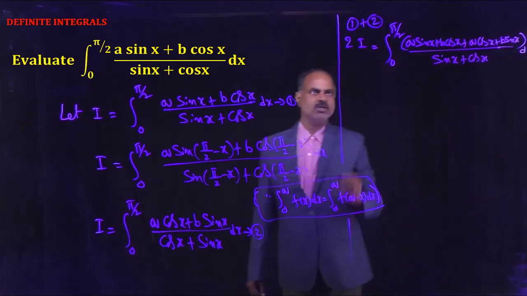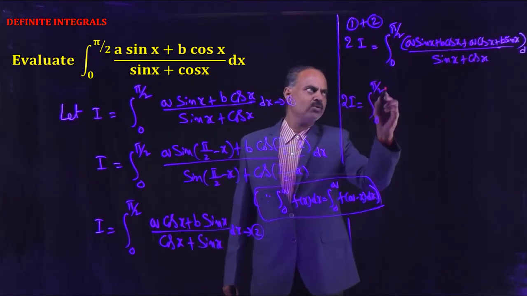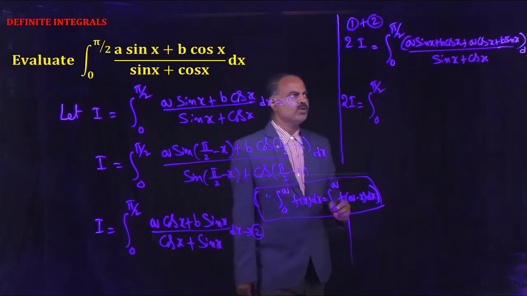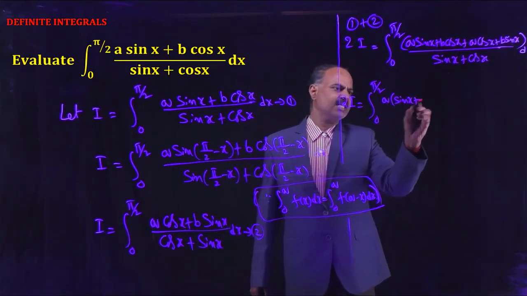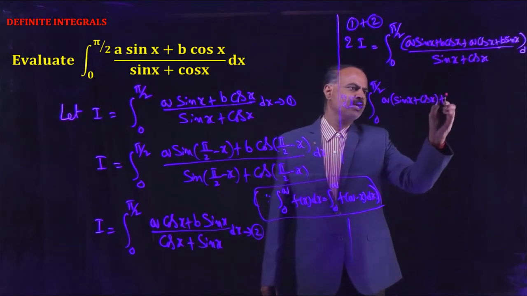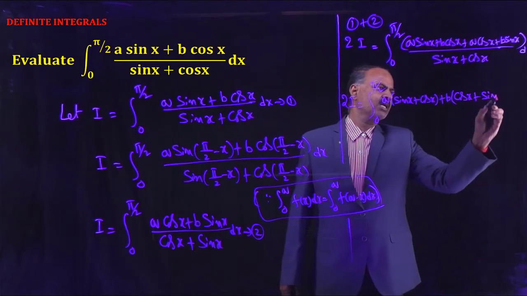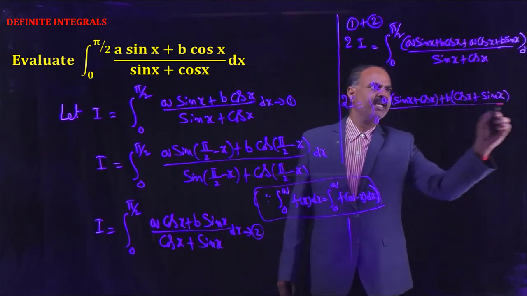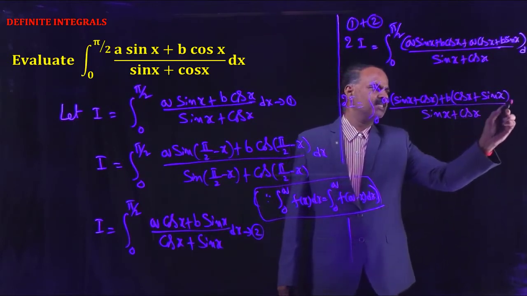Now this is equals to 2I equal to integral 0 to pi by 2 a into sin x plus cos x plus b into cos x plus sin x divided by sin x plus cos x dx.